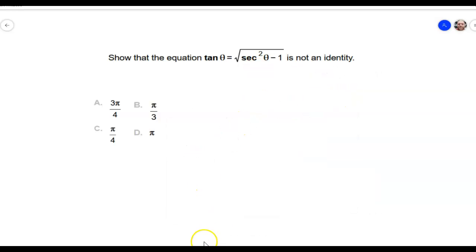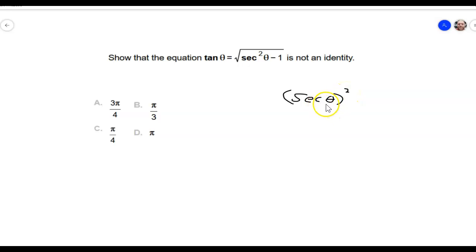Remember that the secant squared of theta really means the secant of theta, squared, and that's how we have to think about that function. When you put the squared in there, that's shorthand for this function squared.